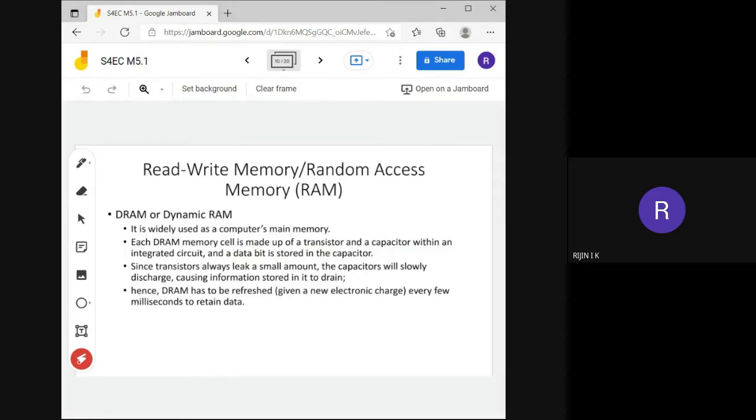In DRAM, the data bits are stored in the capacitor. Since the transistor always leaks a small amount of charge, then what will happen? The capacitor will slowly discharge its content, isn't it?